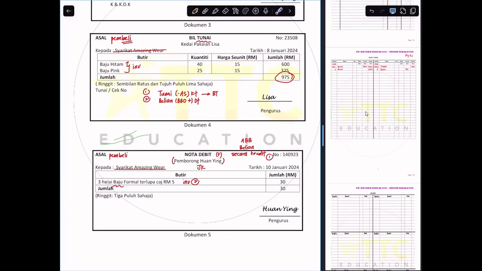And which journal has? Belian or pulangan belian when you see add instead of minus. You should record the belian or pulangan belian. Yes, it's just belian, because only nota credit is for pulangan, and some more only minus is for pulangan.